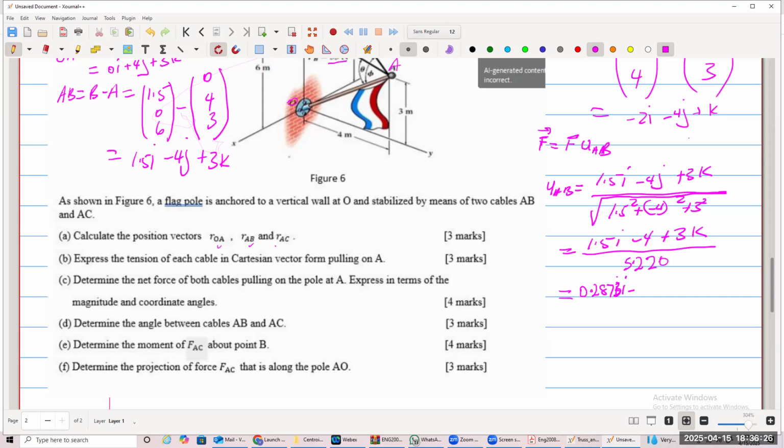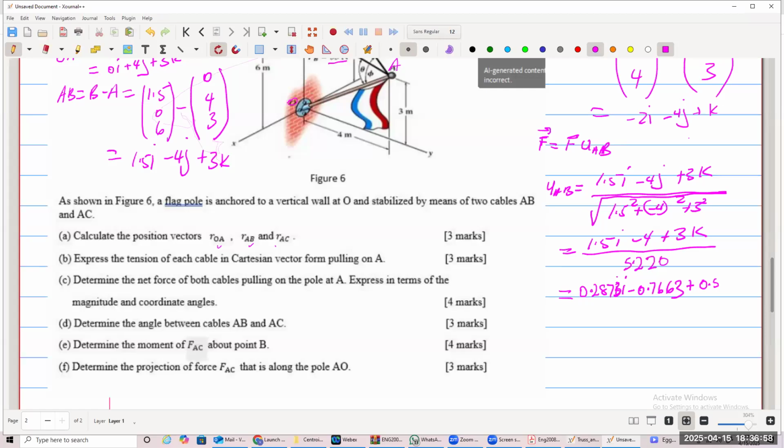0.7663. And the last one? 0.5747. Remember, their value is always 1 here.